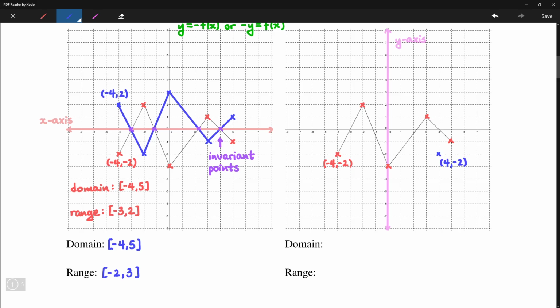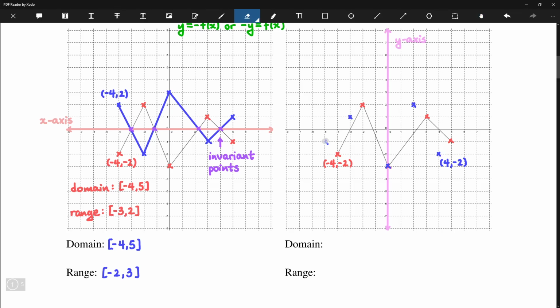So here we have, instead of (-2, 2), we have point (2, 2). Here, (0, -3) will still be (0, -3). (3, 1) will become (-3, 1). And finally, (5, -1) will become (-5, -1). Oh, didn't mean to use blue here.